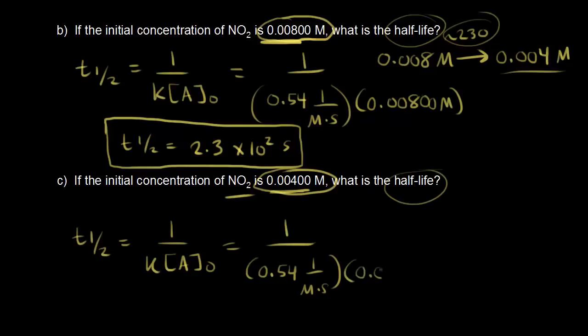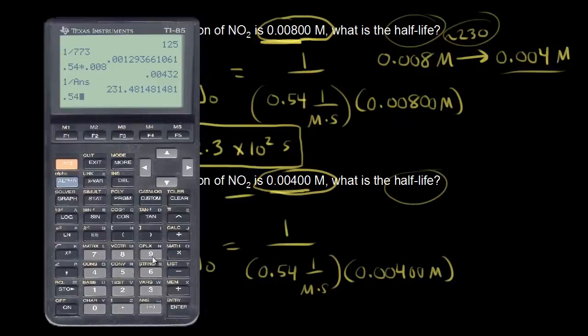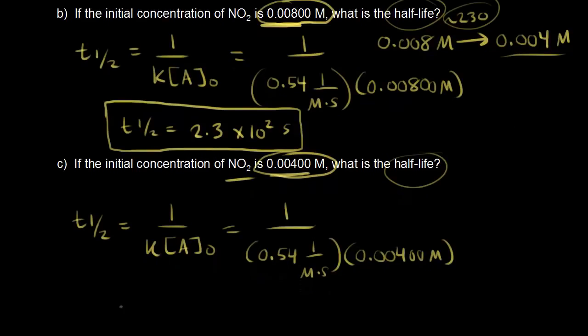So we have 0.004 molar, and we're solving for the half-life. So once again, we can get out our calculator here, take 0.54, multiply that by 0.004. And then if we take 1 over our answer, we should get our half-life. So that's 4.6 times 10 to the second seconds.